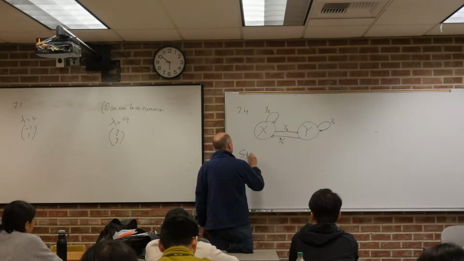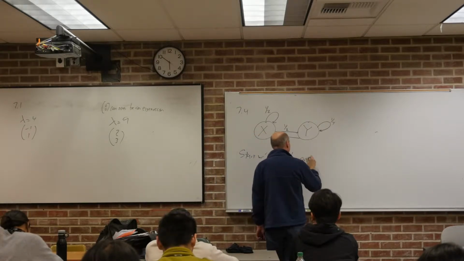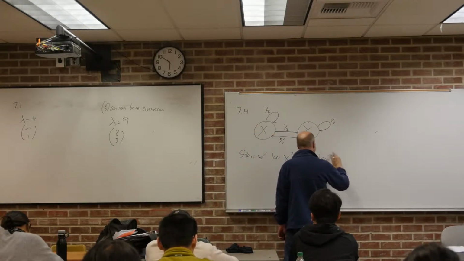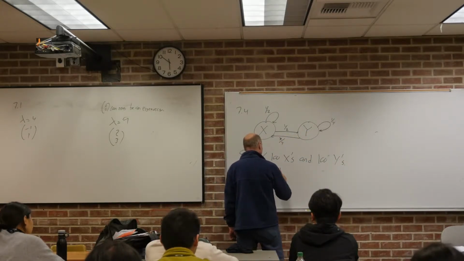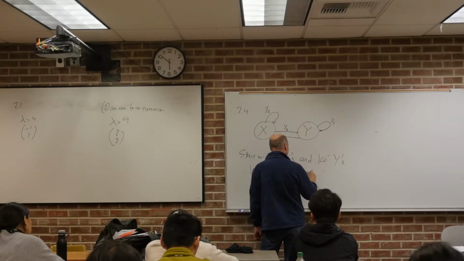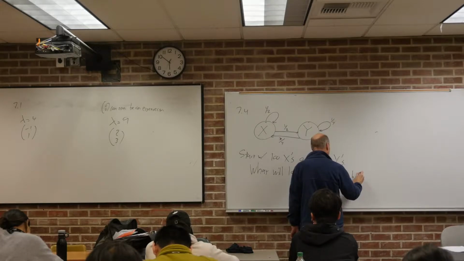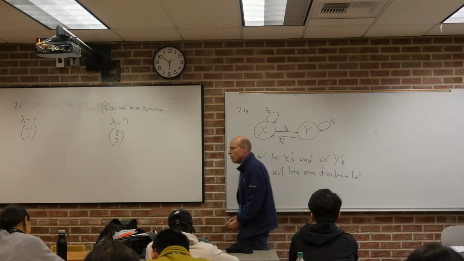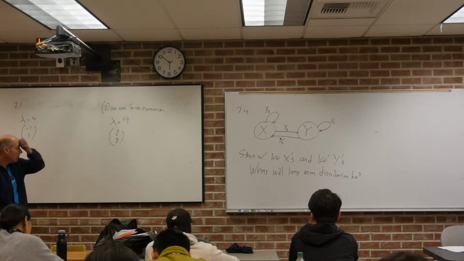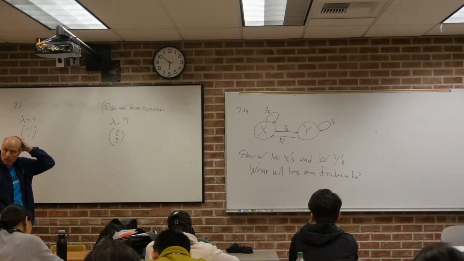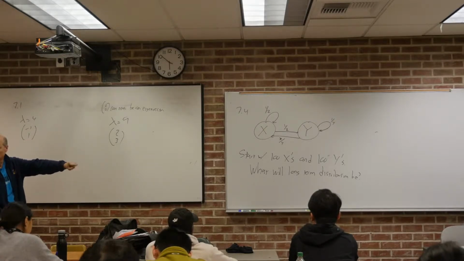First of all, you see this is going to be a closed system. So if I take all the x's plus all the y's this year, and then all the x's plus all the y's next year, it's going to be the same number.